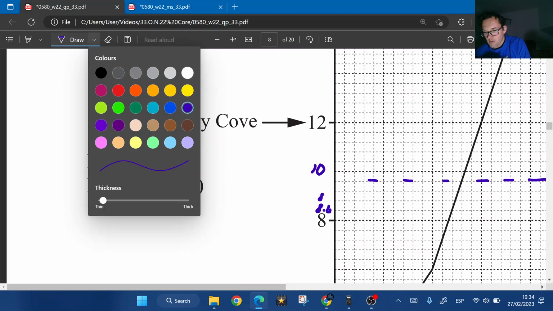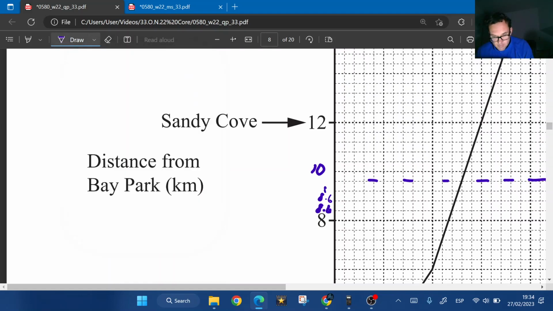Let's make this a bit thinner. 8.8, 9.2, 9.6, 10.